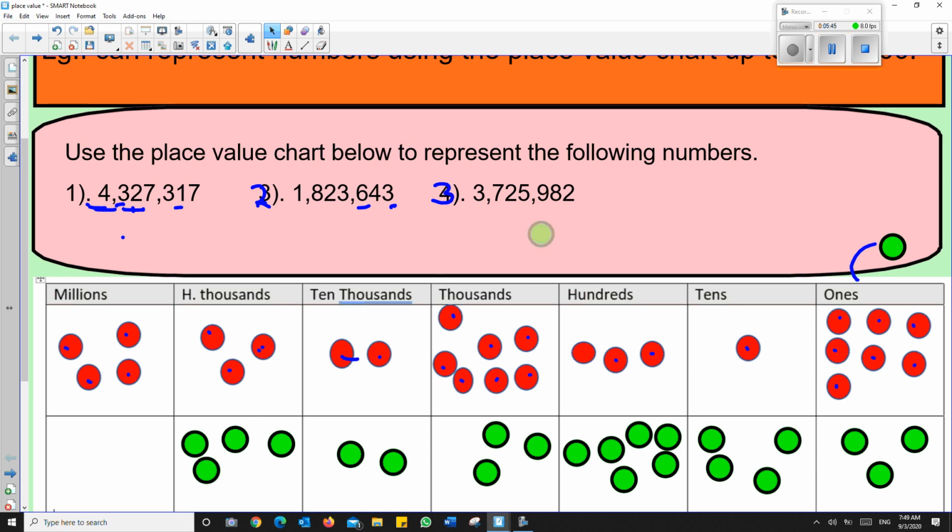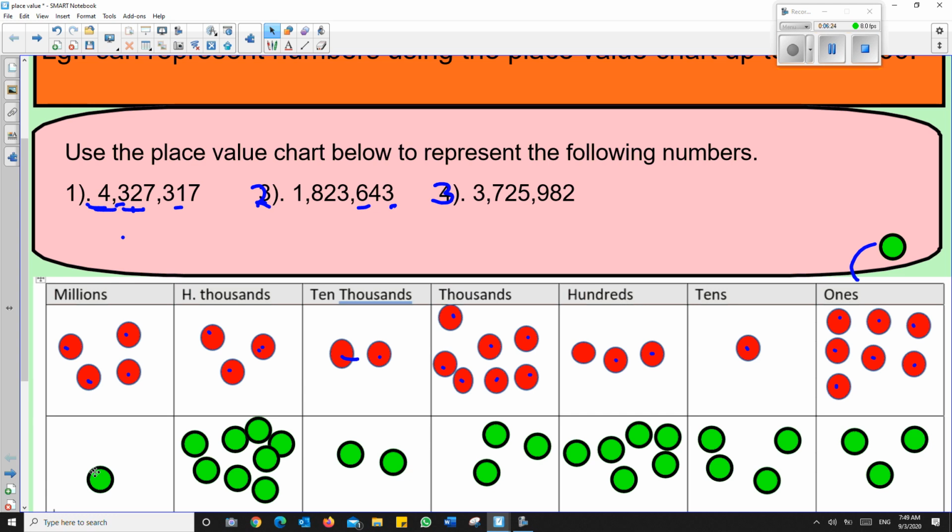And lastly, in the millions column, it's only 1. Put 1. So by doing this, we'll have represented the number 1,823,643.